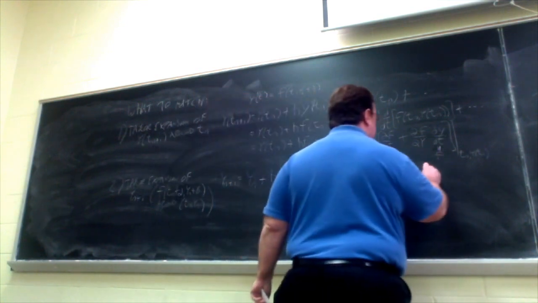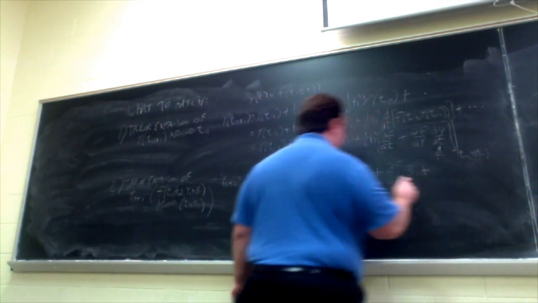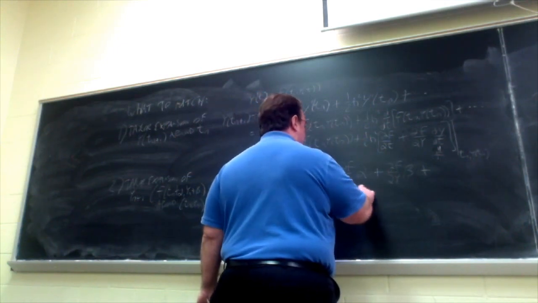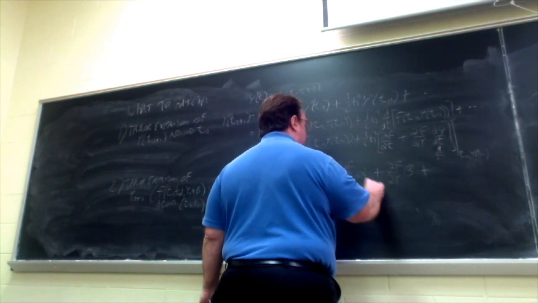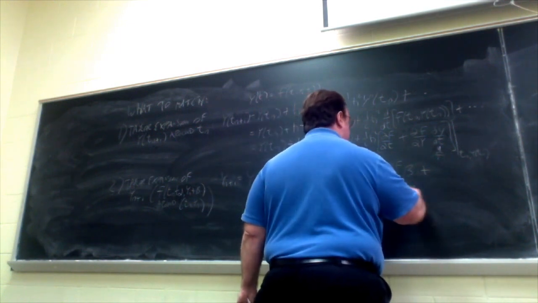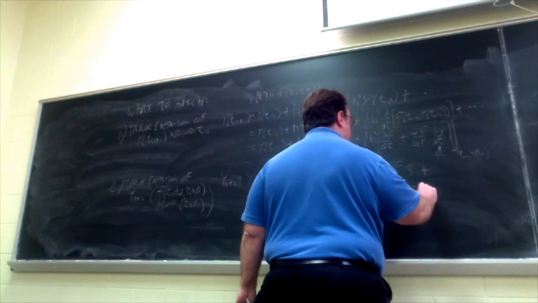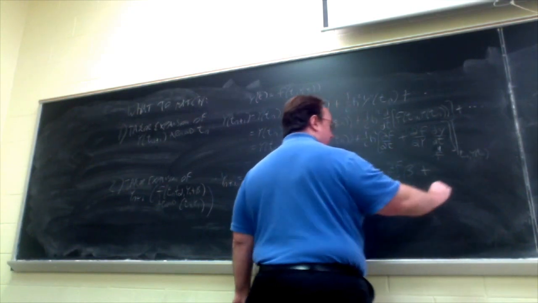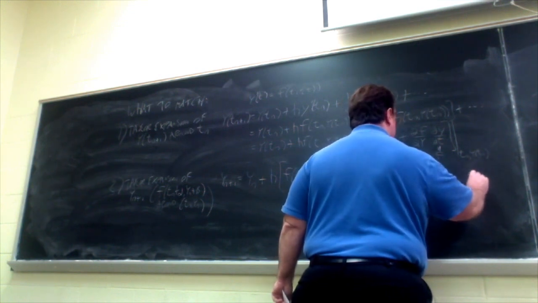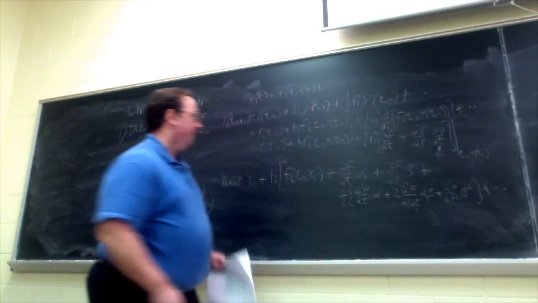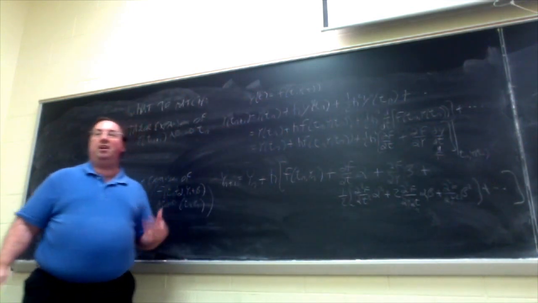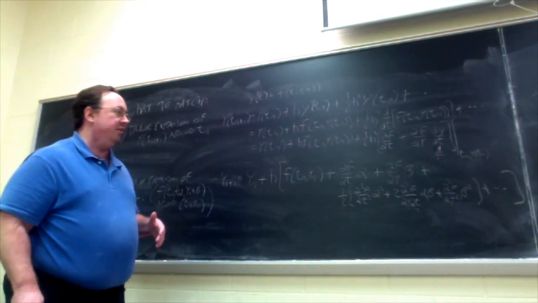If I did need to go on, which I don't, but just for fun, to see how it works, I would go 1/2, and then I'd have second partial of f with respect to t times the change in t squared, plus 2 times the mixed partial with respect to y and t times change in t, change in y, plus second partial with respect to y times change in y squared, and so on.